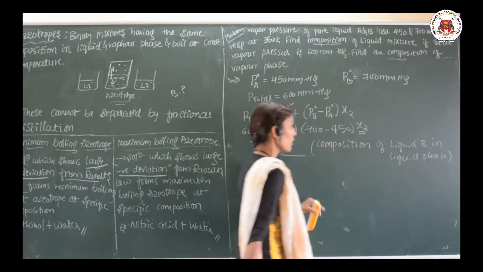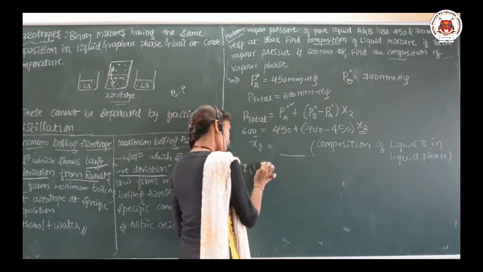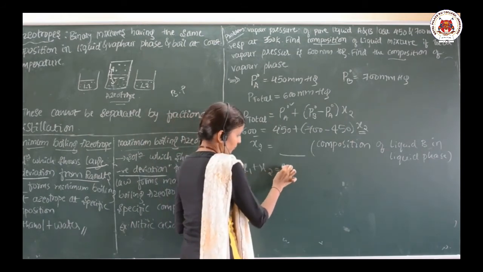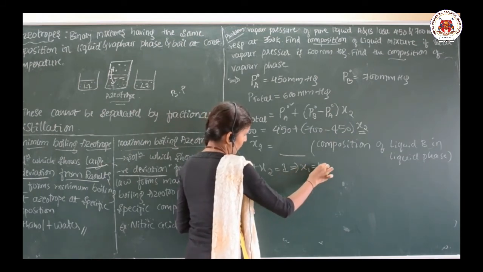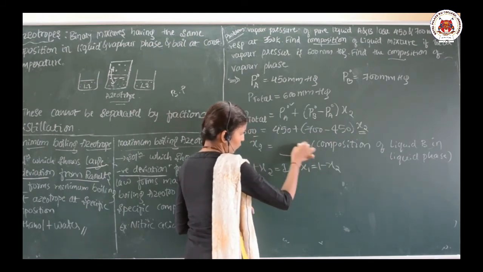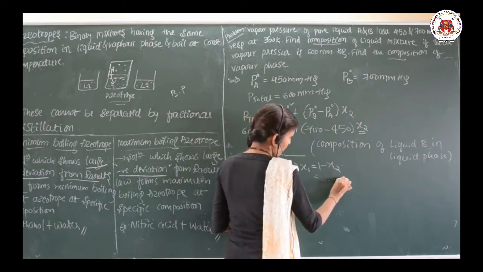Okay. We know that one formula, x1 plus x2 is equals to 1. From this I can solve 1 minus x2. x2 you calculated and you are going to get the value of x1 here. Yes or no?